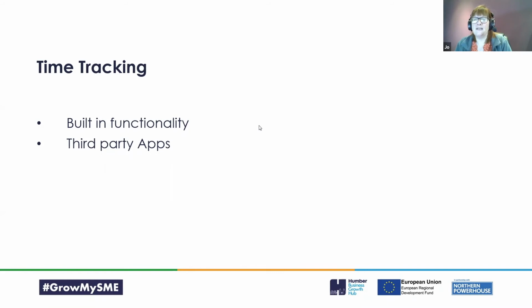There is time tracking functionality built into a lot of these pieces of software. So your team could have an app on their phone, which doesn't mean that they get into your software. It means that they can just track their time, and then you can see the amount of time that they've spent on a job. You can allocate that into projects. You can use it then for payroll, or you can use it to raise invoices.